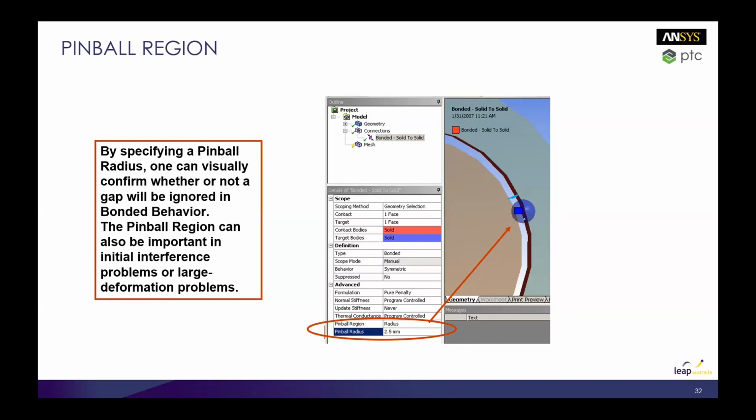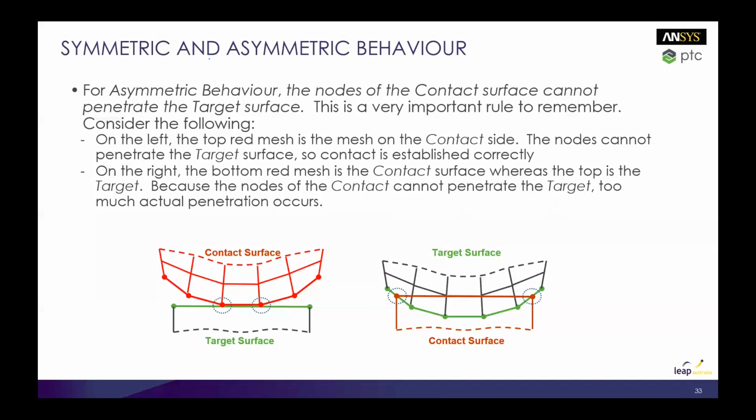Okay, so when we talk about contact, we've got different types of behavior. We've got symmetric and asymmetric, and there's also auto-asymmetric. With an asymmetric contact, the nodes on the contact side can't penetrate the target surface.